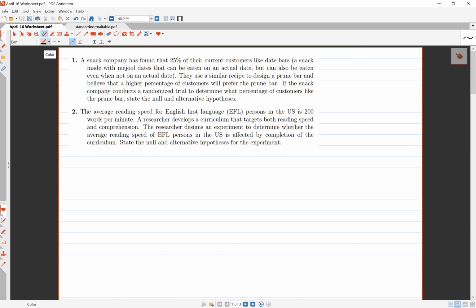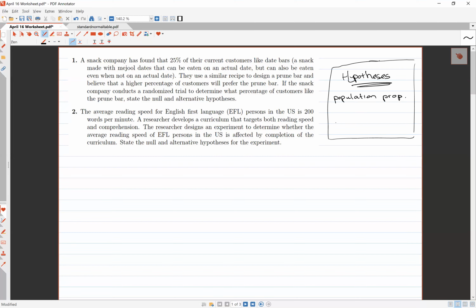And for the most part, since this is what we've worked with, hypotheses are typically going to involve either a population proportion or a population mean.